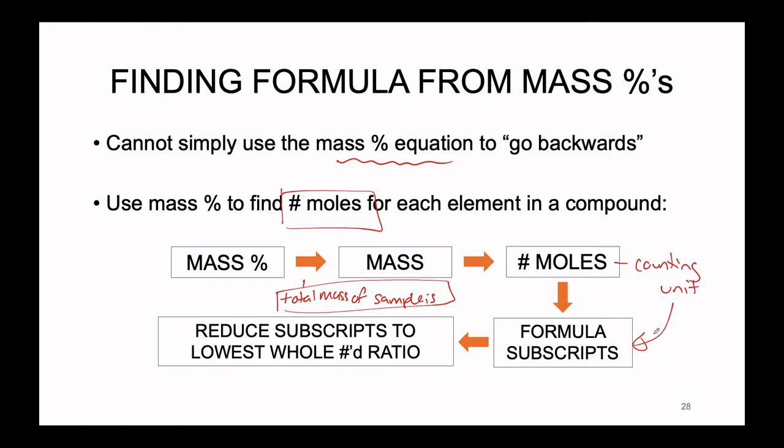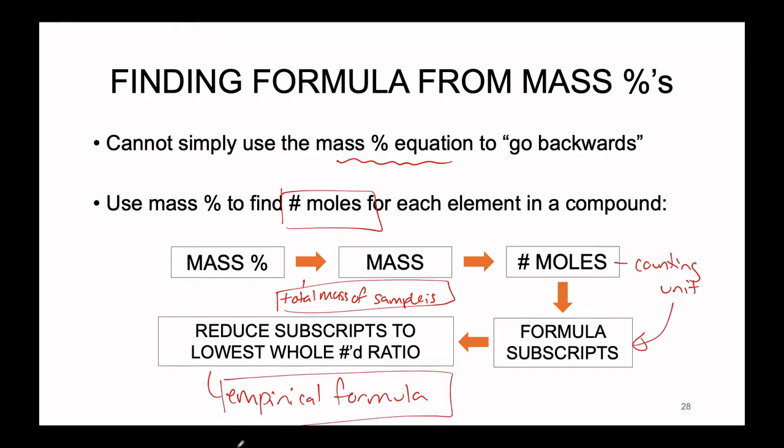And of course, we're going to work through an example of this, so if the flowchart just seems kind of too abstract at this point, we will be grounding it in a real example, so it will be fine. But the end of the road, the end of the flowchart, is if we have our formula subscripts, we can reduce them down to find the lowest whole numbered ratio, aka the empirical formula. So if we are working with an ionic compound, something that has positive and negative charges, this is the end of the road.